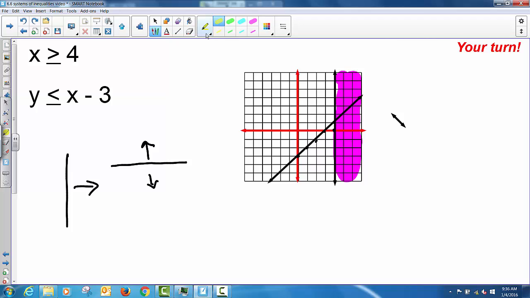Then we'll take the yellow, and it's x minus 3, and it says less than, so that means we shade below the line. So nice how it works out to be red when you do yellow and purple. So that tells you that the shaded area right here, the red, is the solution to the problem. I'm pretty sure you got that, did you not?